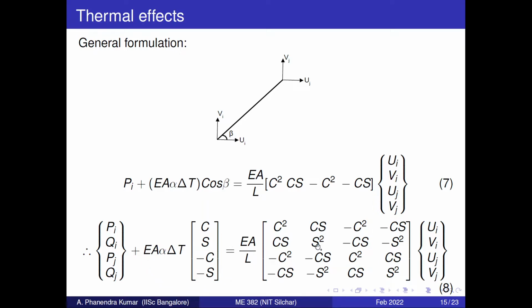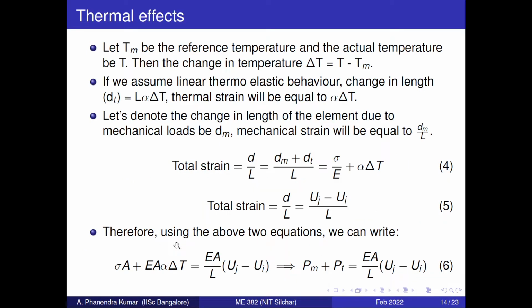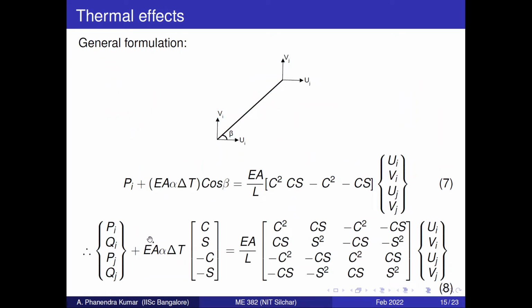Now if you use this expression, when you go to some design company where they might have given you the delta T value which it is subjected to, or the temperature T which the structure has been subjected to, then you need to include this additional part in the force vector also.